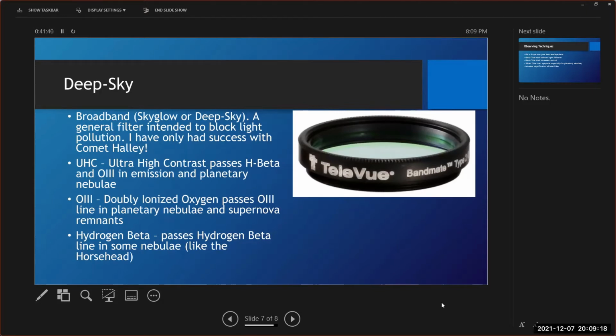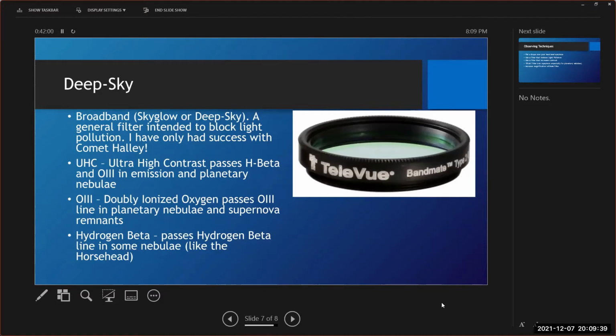The best thing you can do is to try filters that other people have in your telescope with your eyes to see how it works, because they're going to work differently on different optical systems, and definitely differently for different eyeballs.